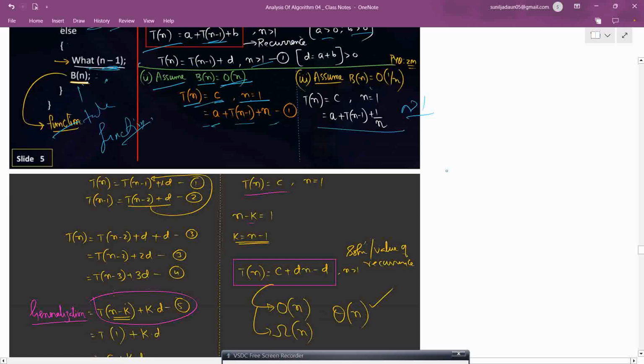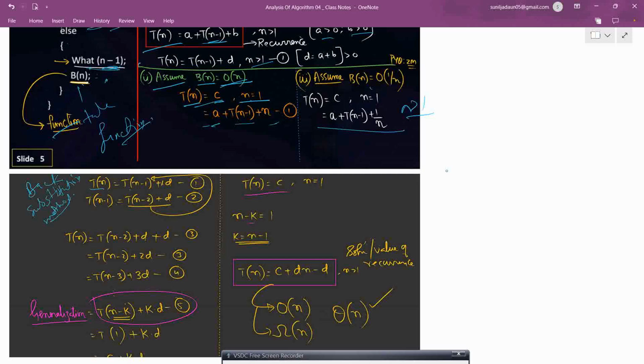In this case, first we do the back substitution method. We apply the back substitution method here.